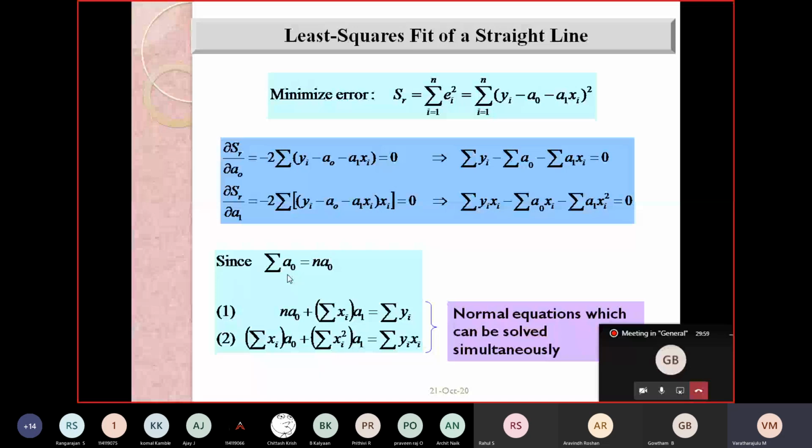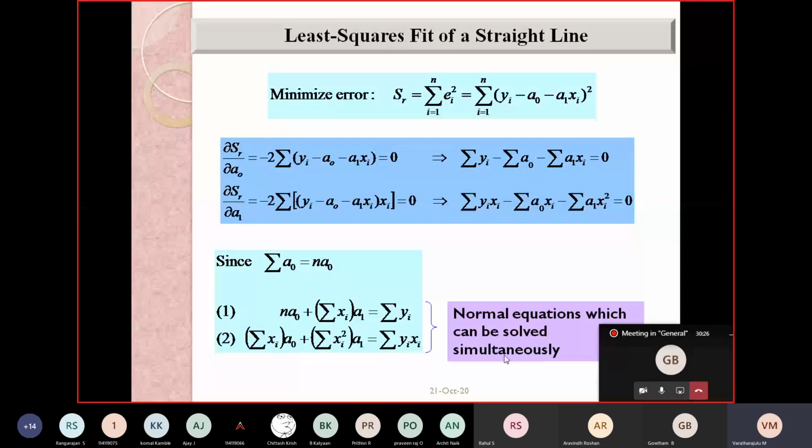Instead of summation of a0, I introduce n a0 plus summation xi, taking a1 out, is equal to summation yi, and the second equation becomes summation xi a0 plus summation xi square a1 is equal to summation xi yi.